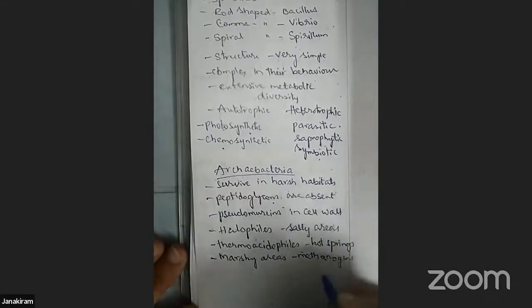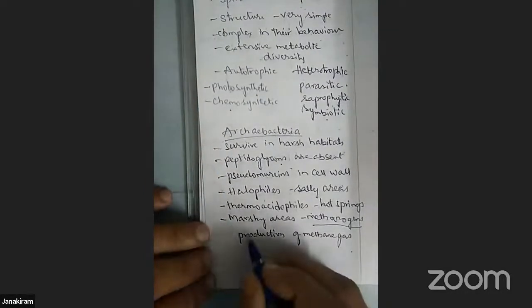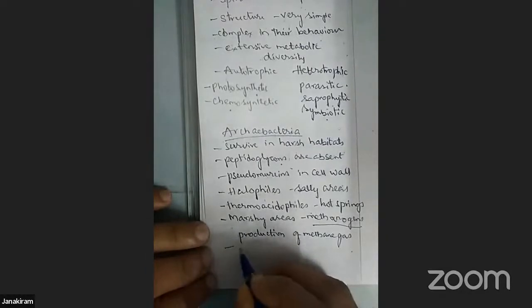There is a specialty regarding the methanogens. They are present in the gut of several ruminant animals like cows and buffaloes, and they come out through the defecated material, that is, they are present in the dung.